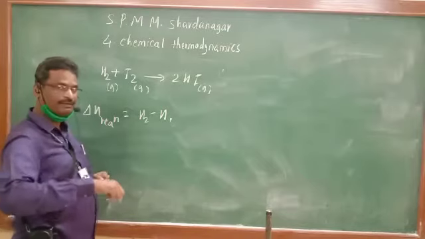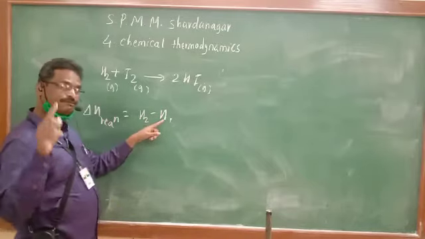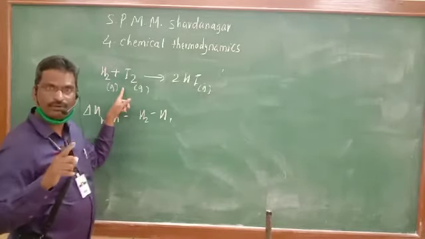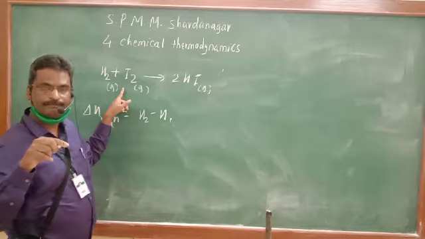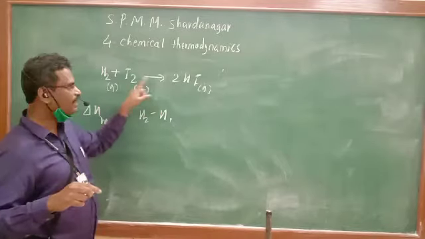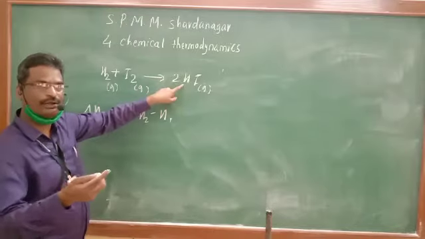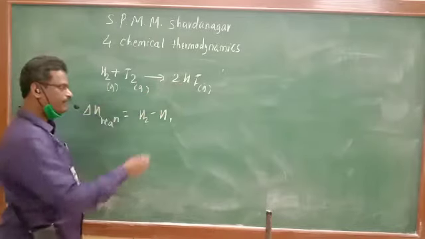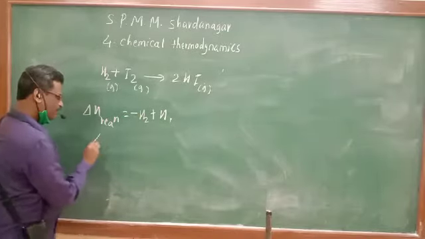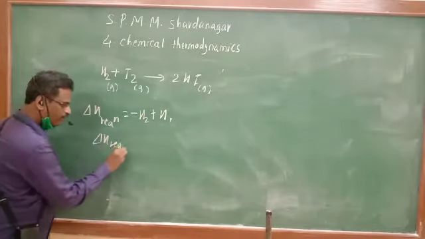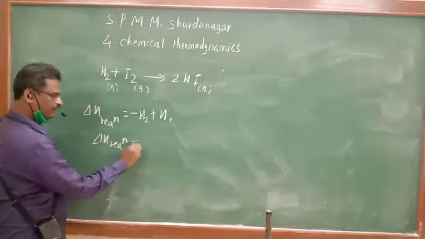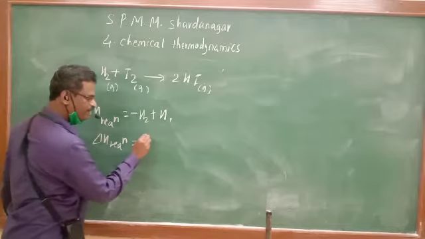But here what happened? H1 is positive. Over here these have the positive value because they absorb the energy to break the bonds. And here this will have negative value, opposite. Therefore this becomes plus and this will be minus. It means that from the bond enthalpies of reactant and product, we can calculate the enthalpy of reaction by this formula.